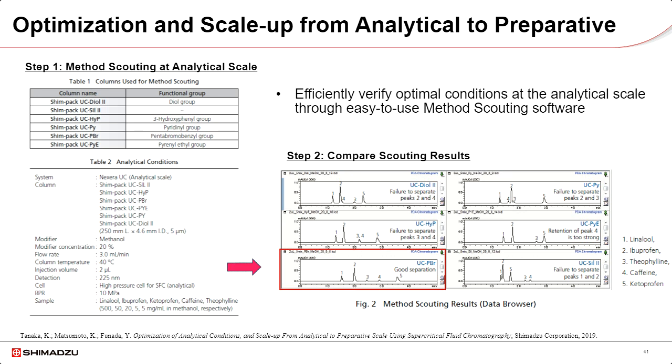So we've talked about analytical systems, we've talked about preparative systems. So let's put everything together and talk about a complete workflow from start to finish, optimizing and scaling up from analytical to preparative. In this case, we start with the analytical screening system using our screening software, put in the different parameters, populate, run, and optimize an analytic.